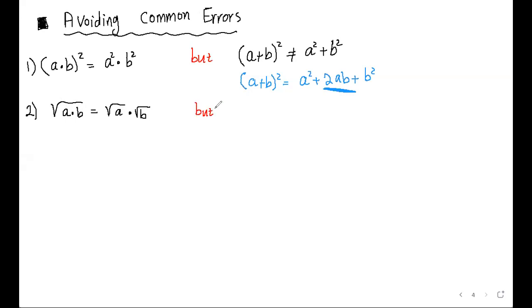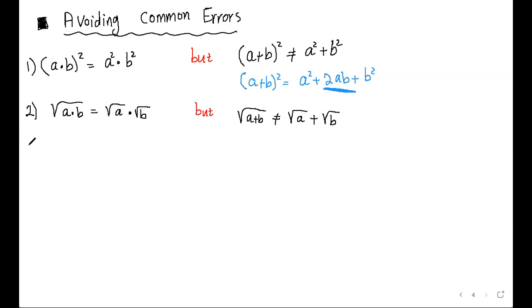What does that mean? I mean, square root of a plus b is not equal to square root of a plus the square root of b. Okay? This is not equal to this.